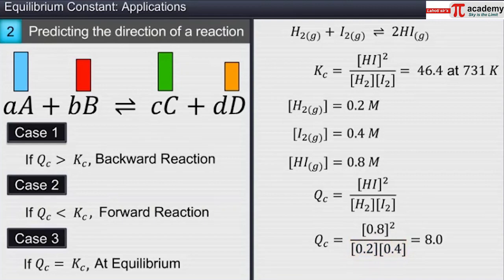The value of the reaction quotient comes out to be 8.0. As the value of the reaction quotient is smaller than the equilibrium constant, the reaction proceeds in the forward direction. It means that more of gaseous hydrogen and iodine react to form the product hydrogen iodide.